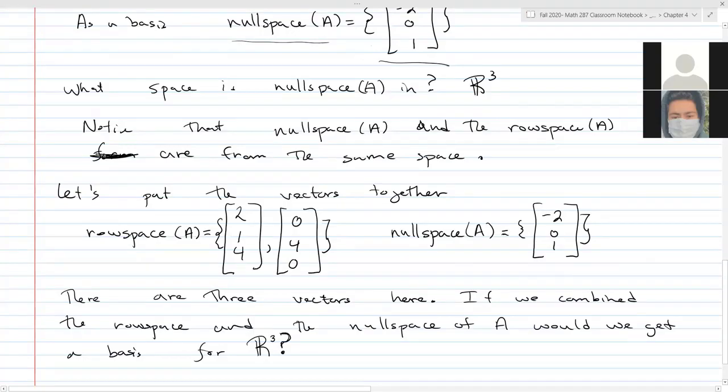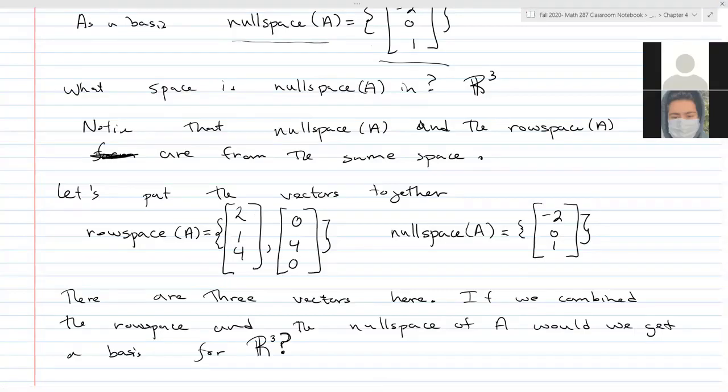There are enough vectors there: 3 vectors, which is the right amount. One, to possibly span R3. Two, to be linearly independent. There are not too many vectors, which would break linear independence, and not too few vectors, which would prevent us from spanning. So it's possible. We've got 3 vectors in R3.